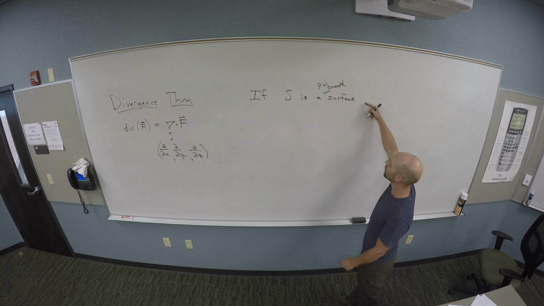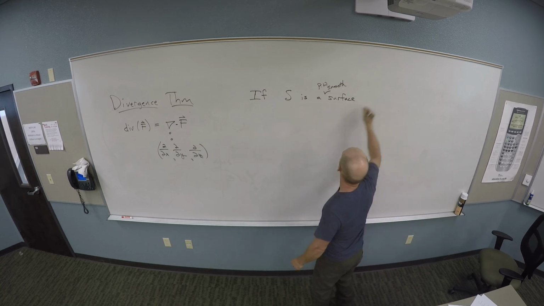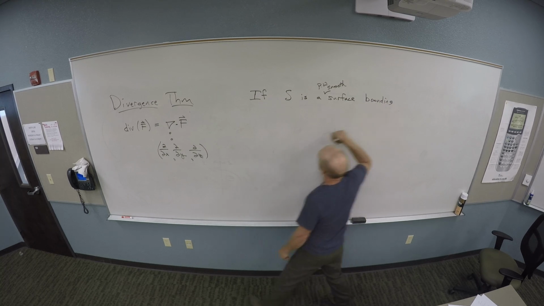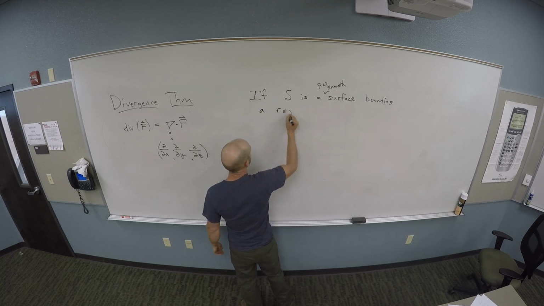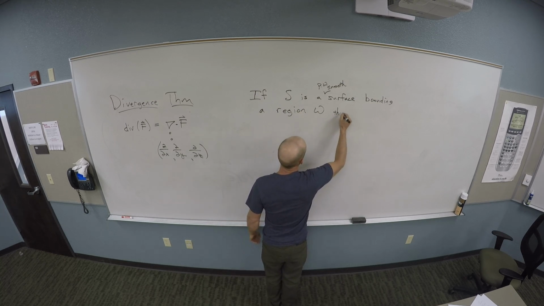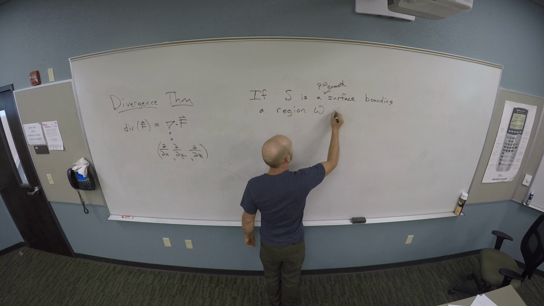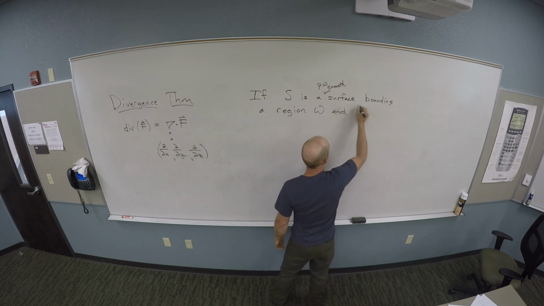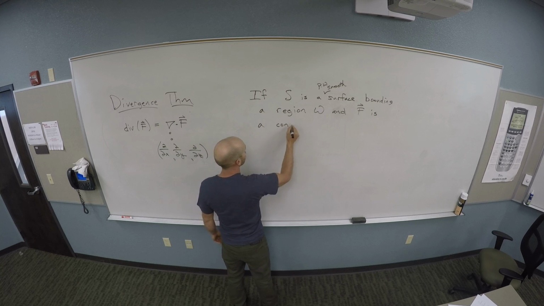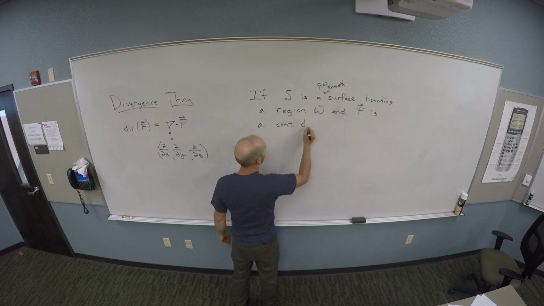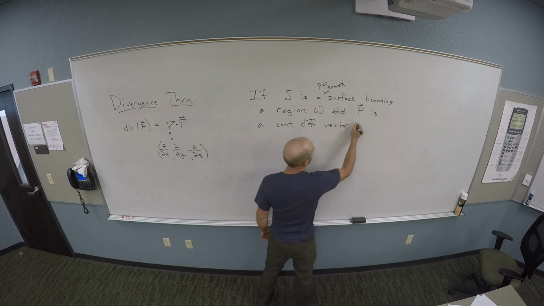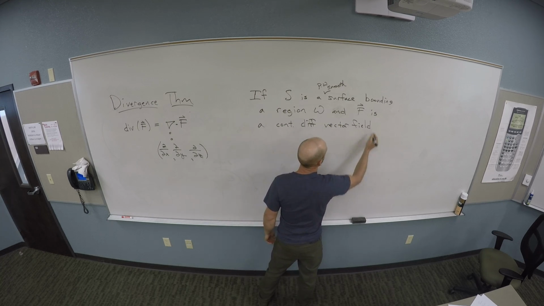So S is a piecewise smooth surface bounding a region W, and F is a continuously differentiable vector field.